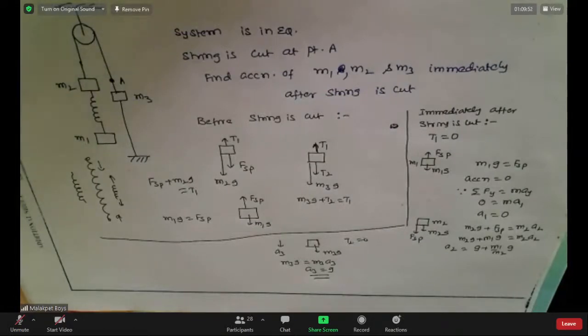So, you should be confident with Newton's laws by this time. Sir, can tension be negative?